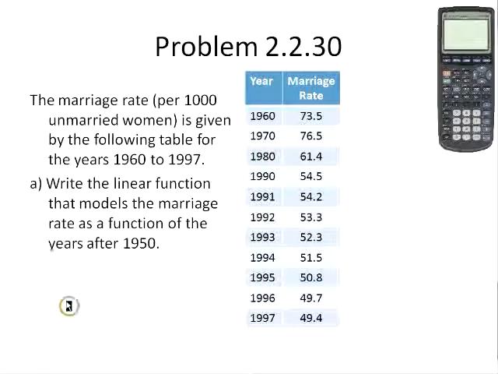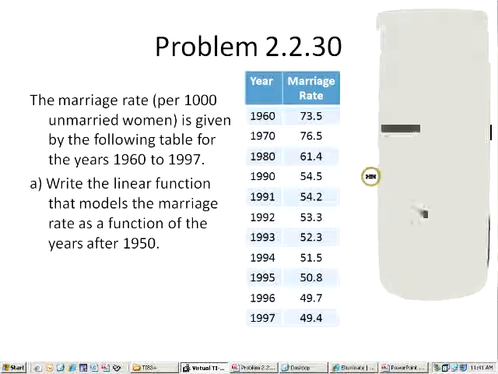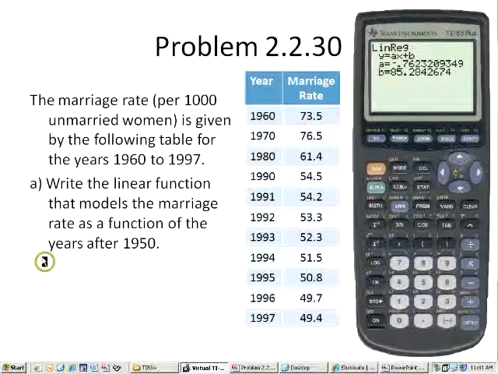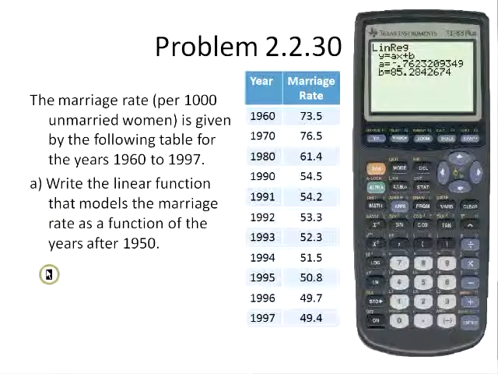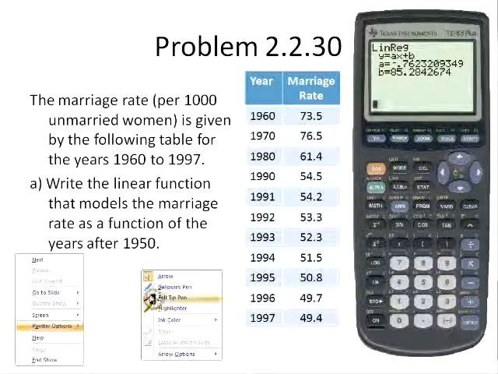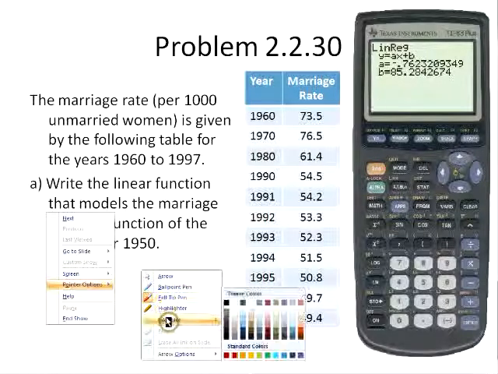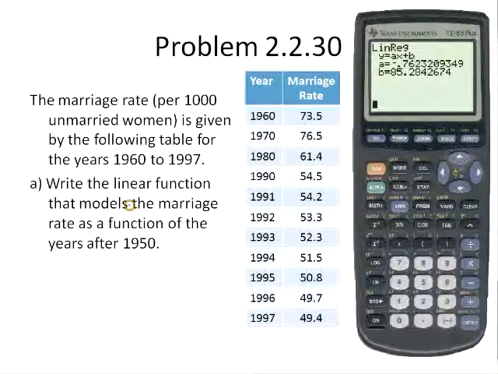Let me rewrite what we had from our model. Here we have our model, and I've got to get this set up again. Okay, here we go. Here's our model then.